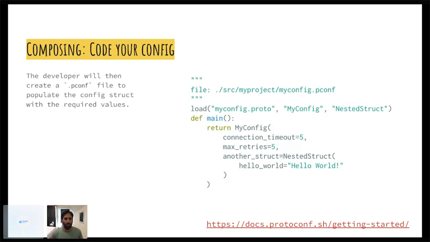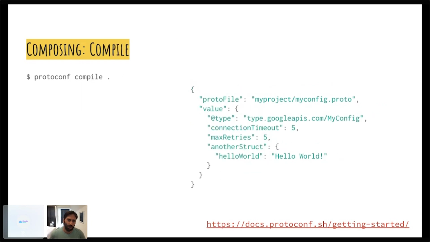Doesn't matter if you run it on your own computer or somewhere else. And after you compile the config, you'll get a JSON representation of the configuration, and now you can continue to validate your code.